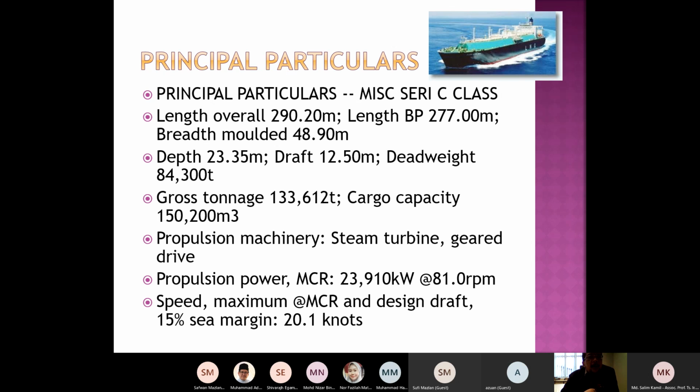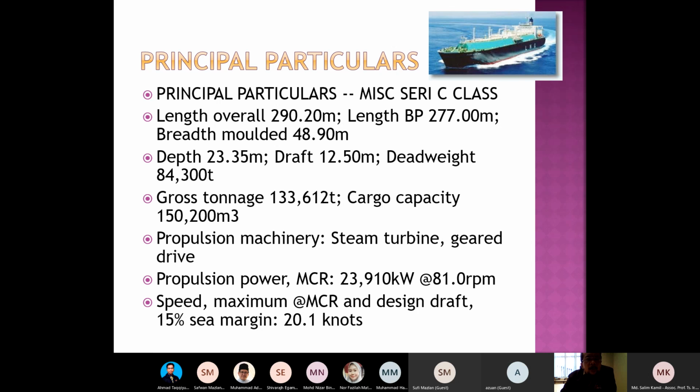So this is a typical example. Actually, this one is more like Moss type, but just to show you the dimensions of a typical LNG ship. The length can be up to 290 meters, cargo capacity about 150,000 cubic meters, and the speed can go up to 20 knots, depending on the designer.